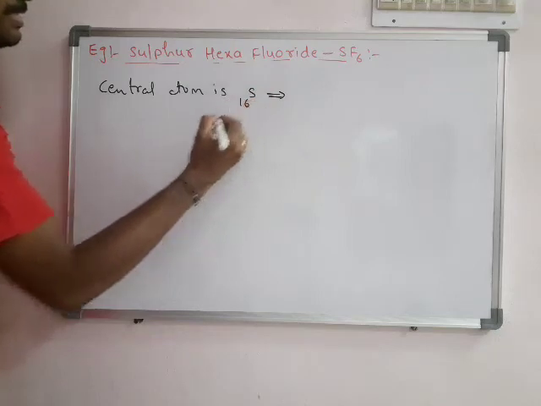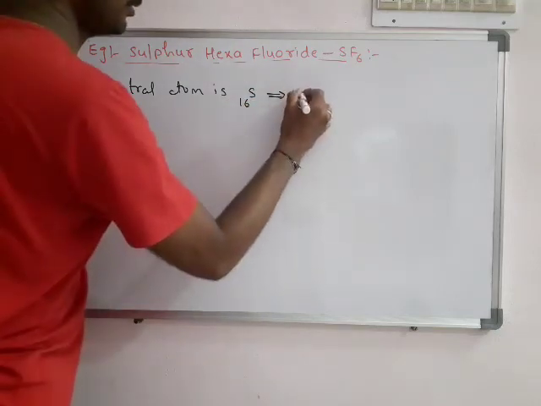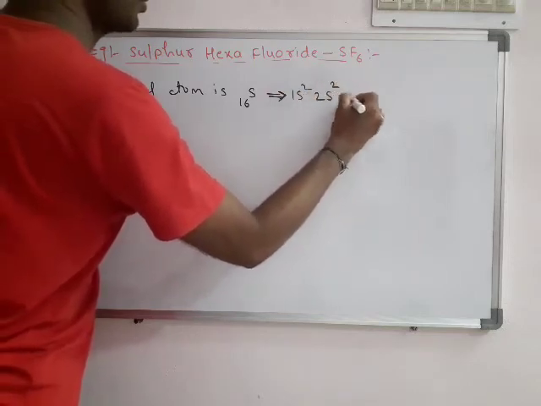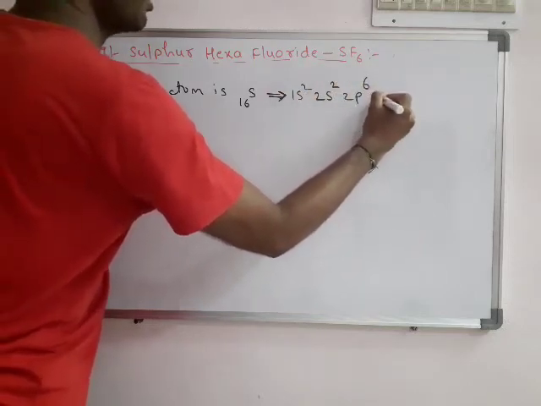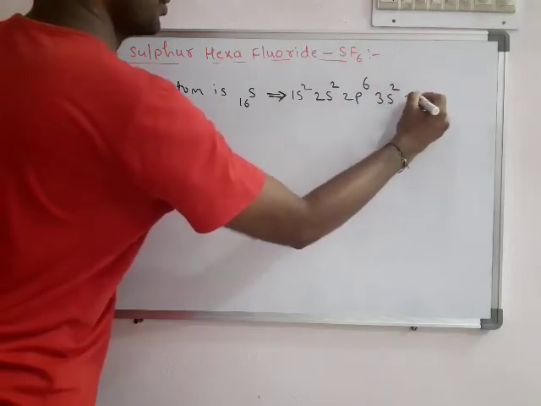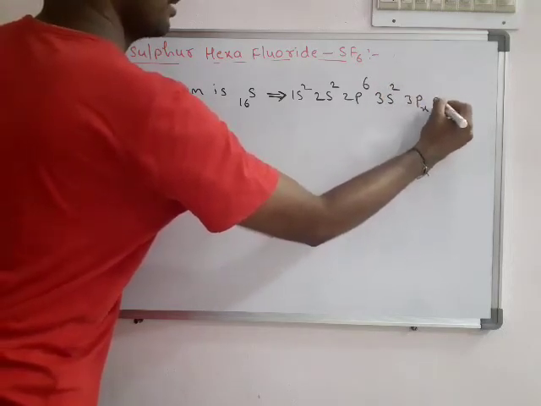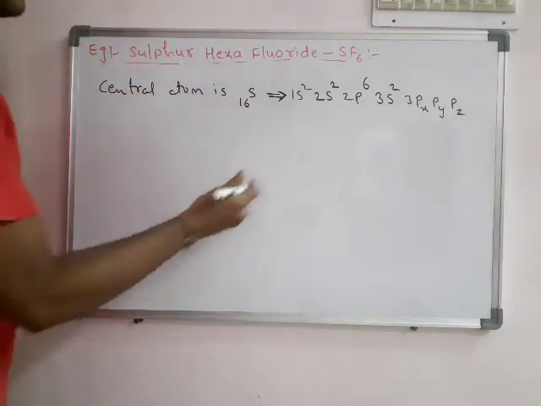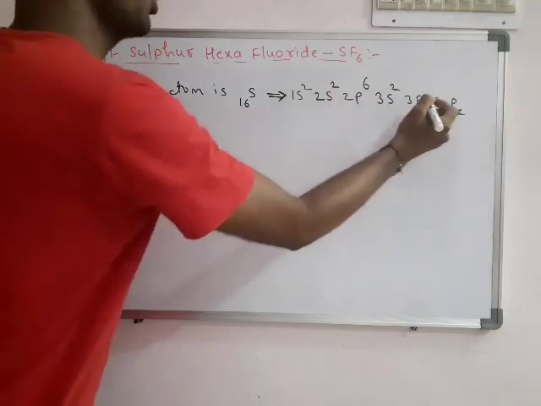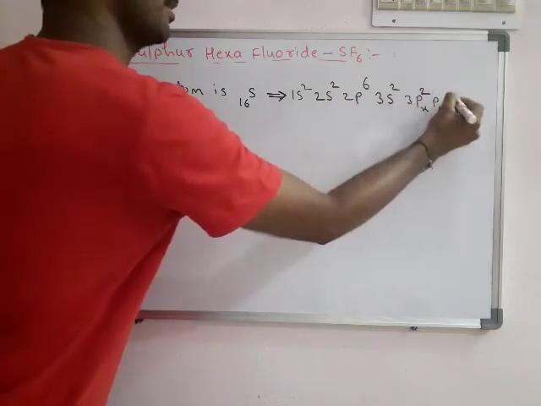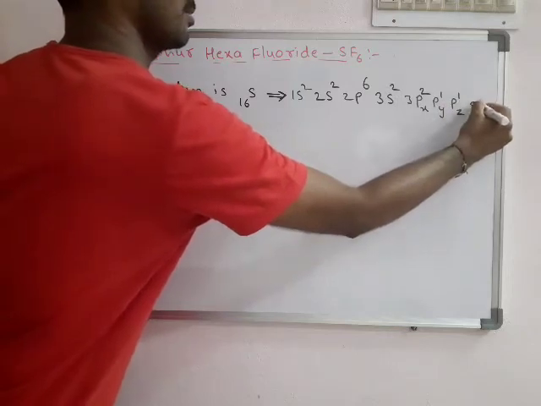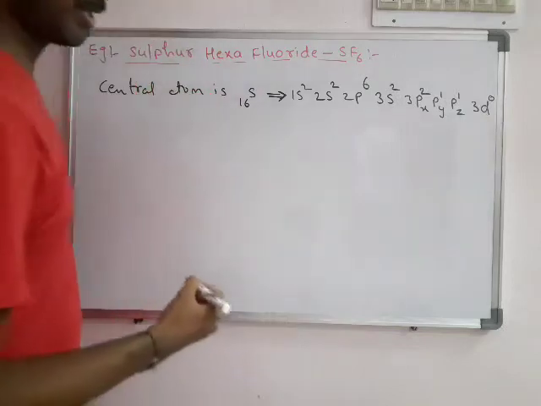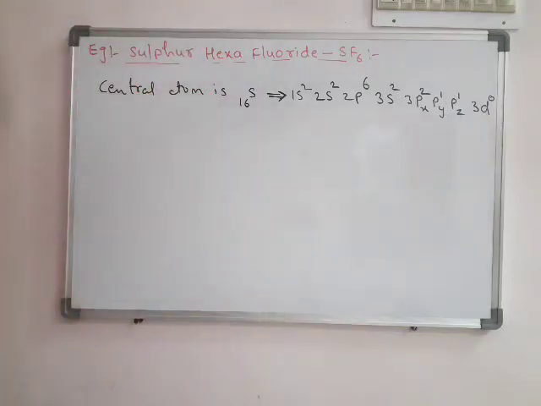Sulfur has atomic number 16: 1s2, 2s2, 2p6, 3s2, and then 3px, 3py, 3pz. 16 means 10, 12, 13, 14, 15, 16. There is also a vacant orbital: the vacant 3d subshell.